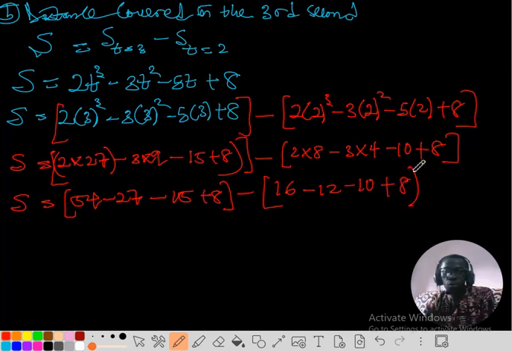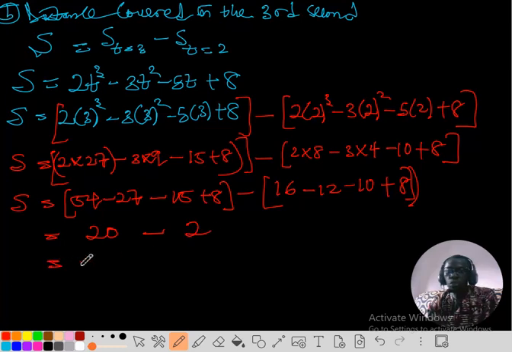So we'll simplify what we have here. 54 minus 27 minus 15 plus 8 is going to give us 20 for the first part, then minus the second part, 16 minus 12 minus 10 plus 8, and that will give 2.